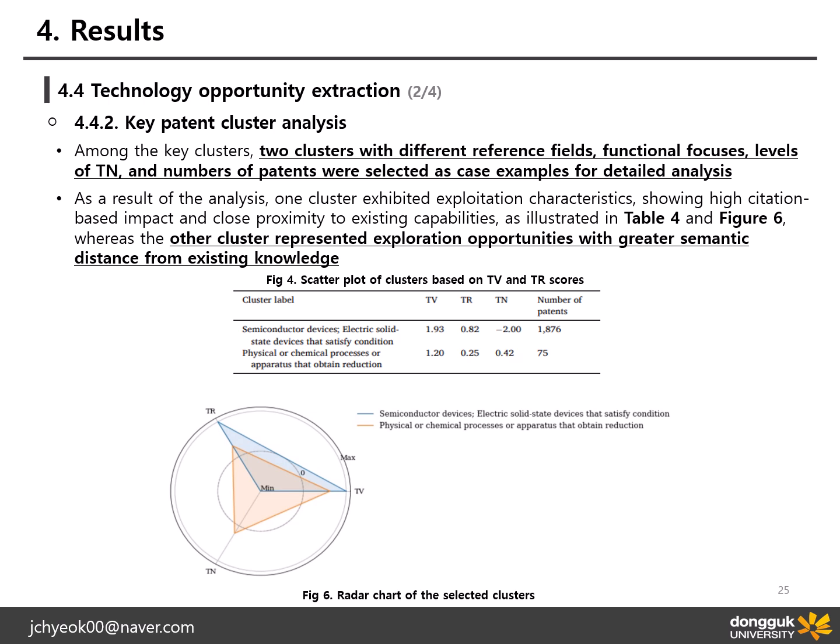As shown in Table 4 and Figure 6, one cluster exhibited exploitation-oriented characteristics, characterized by high citation-based impact and close proximity to existing technological capabilities. In contrast, the other cluster represented more exploration-oriented opportunities, showing greater semantic distance from existing knowledge.